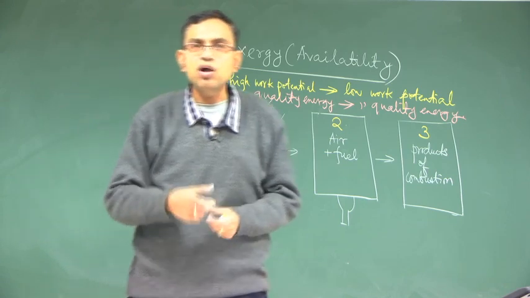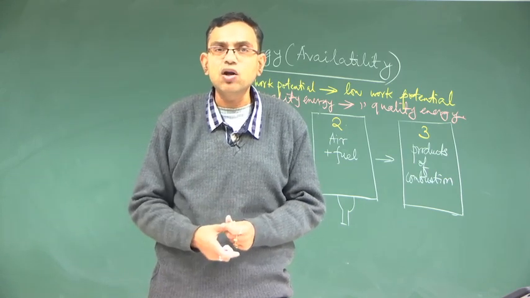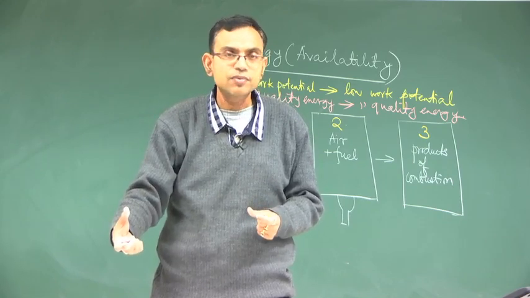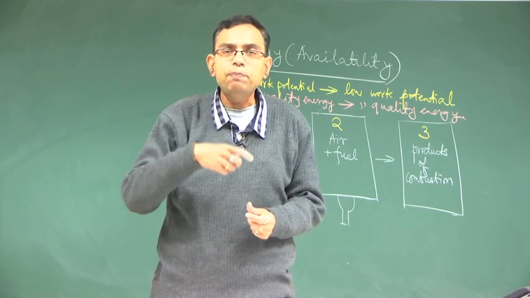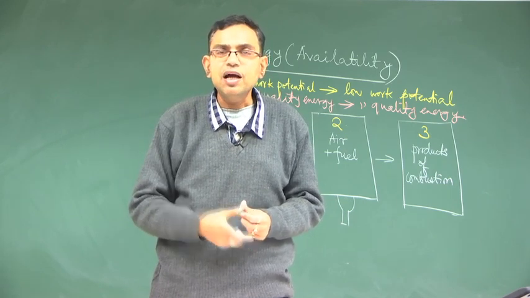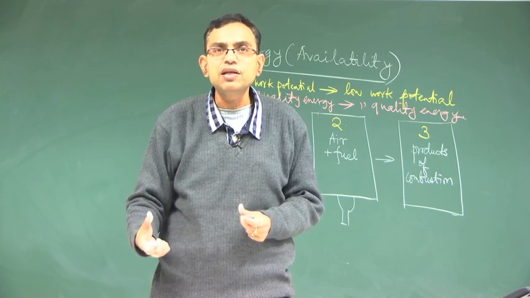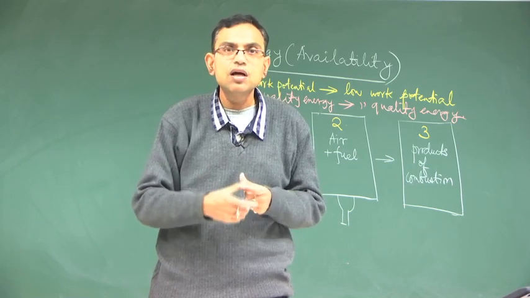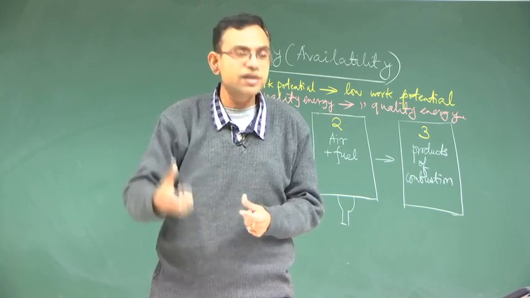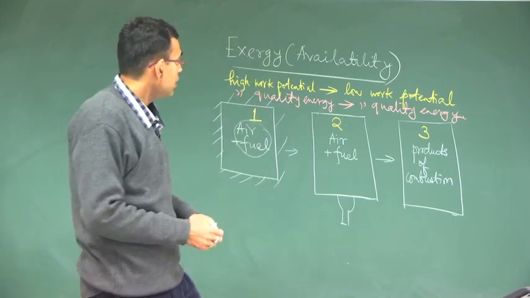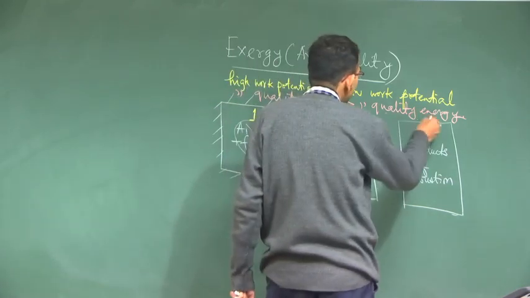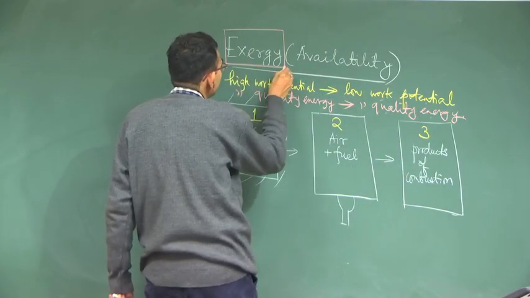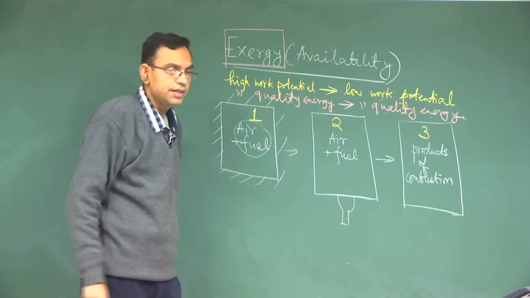There is also an obvious outcome of the second law that 100% heat in a cyclic process you cannot convert to 100% work. Therefore, a particular rate of heat transfer, an equivalent energy transfer in terms of heat, does not have the full potential of getting converted into work. So, it is energy of a low grade. Now, this quality of energy or work potential is expressed by a quantification which is called exergy or availability.